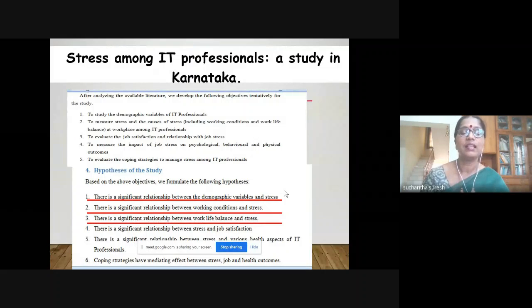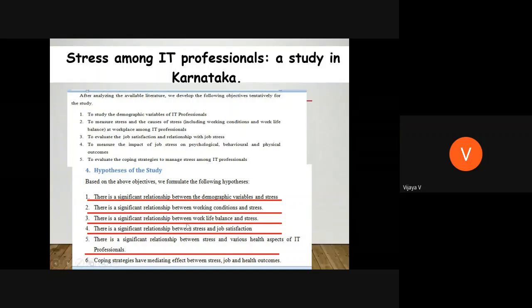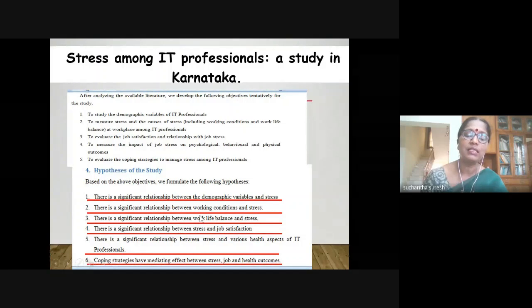Next, there is a significant relation between work-life balance and stress. Next, between stress and job satisfaction. Next, between stress and various health aspects of IT professionals. Next, coping strategies have a mediating effect between stress, job, and health outcomes.